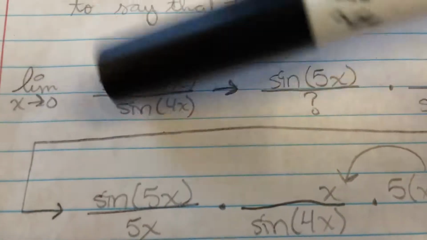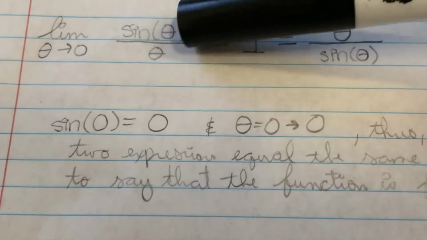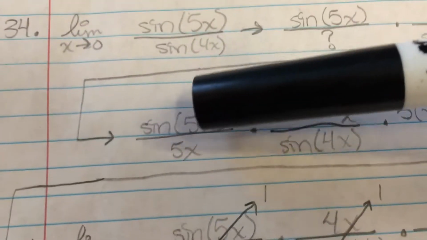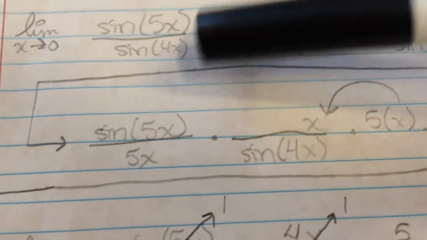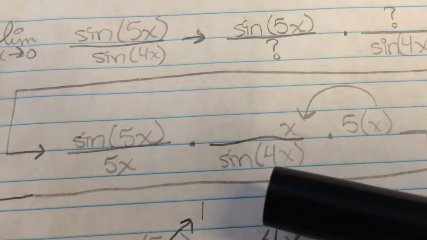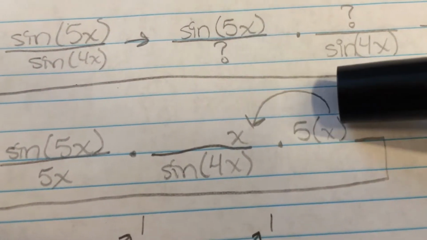You want to make this look exactly like the sine theta over theta form. So in this case, theta, which is 5x, is what you want to put in the bottom, and to make it equal the same thing, you multiply by 5x.